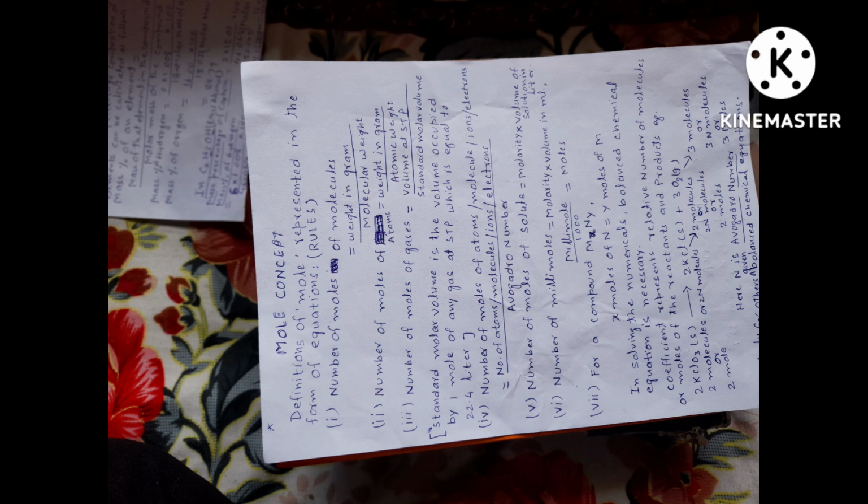That's why in a common way it is generally denoted by M x N y. Then the relation is that x moles of N is equal to y moles of M. This is very, very helpful in solving tough numericals.